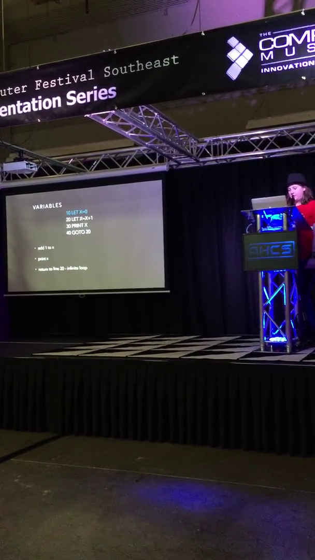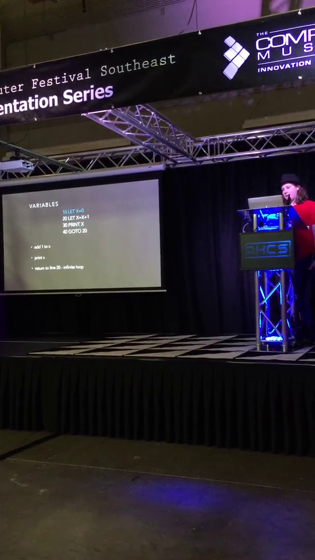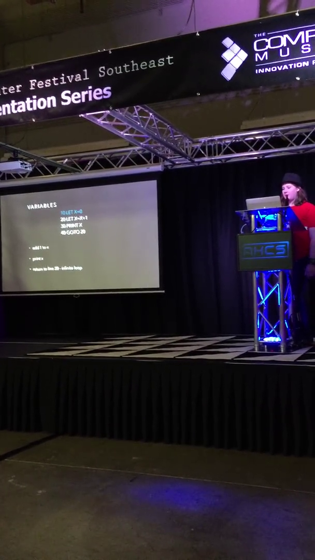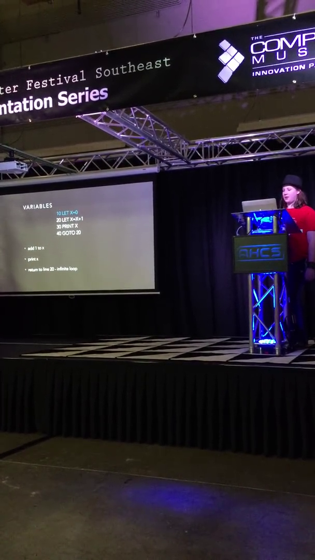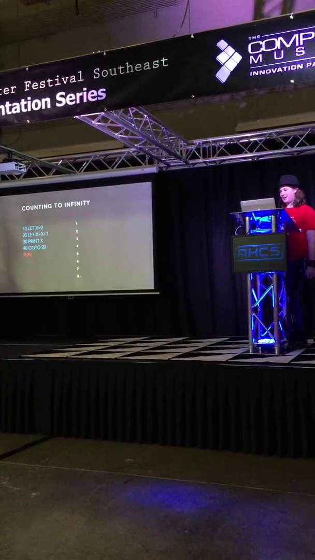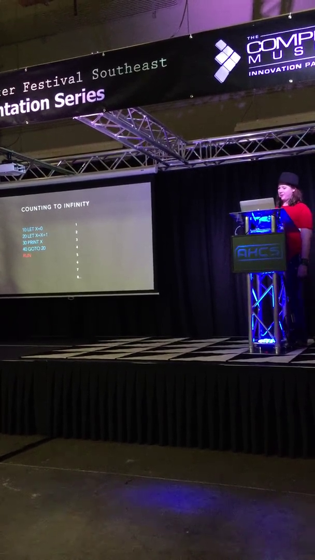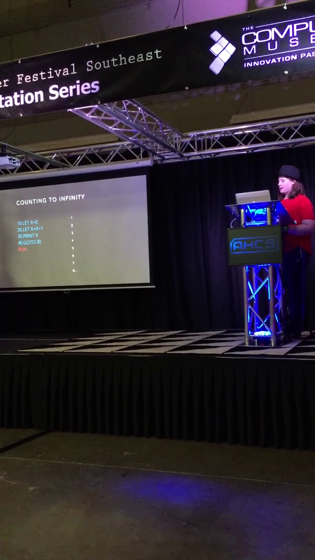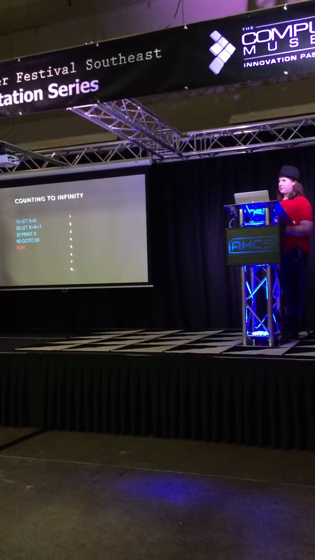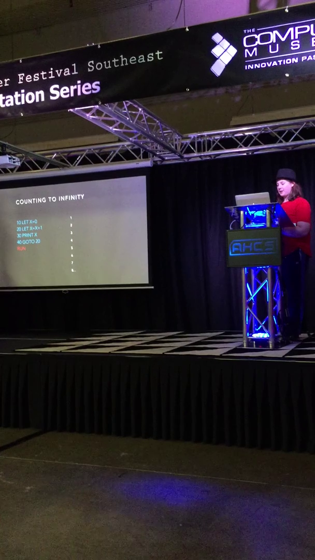So this is just adding 1 to X, printing it, and then returning to line 20 to start an infinite loop. What it does is it just starts counting 1, 2, 3, 4, and it'll go for a pretty long time until it gets so high that the computer can't really calculate that high anymore.